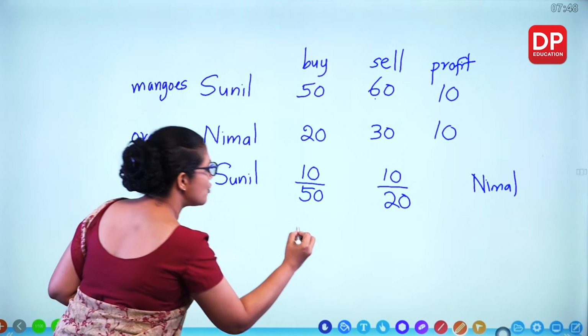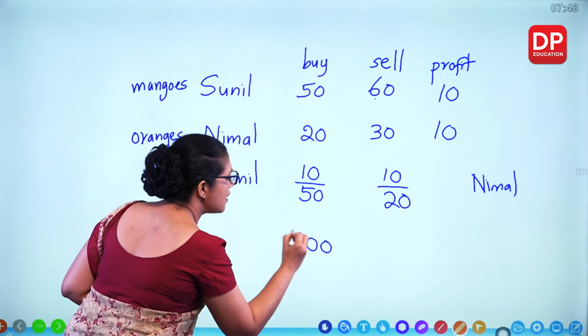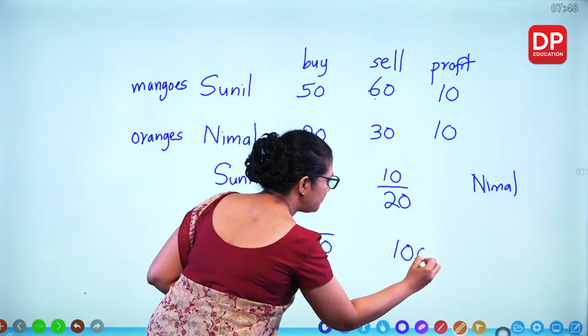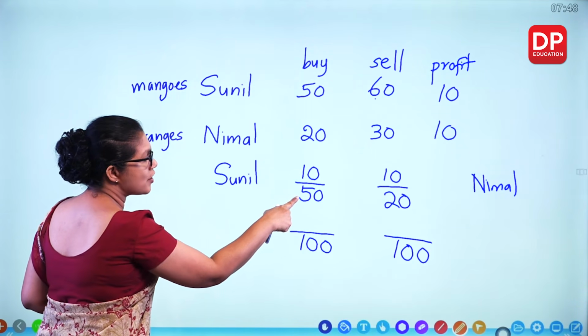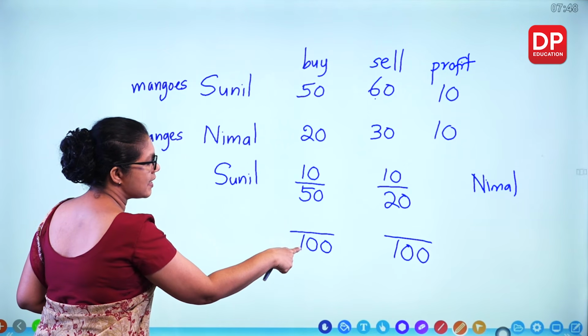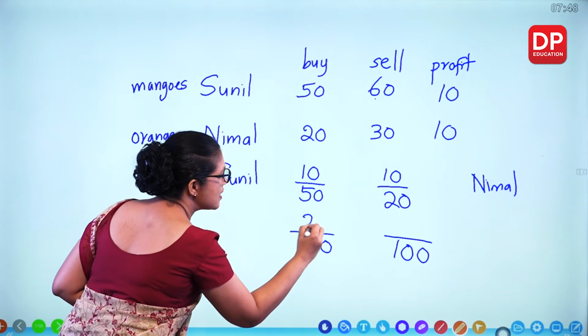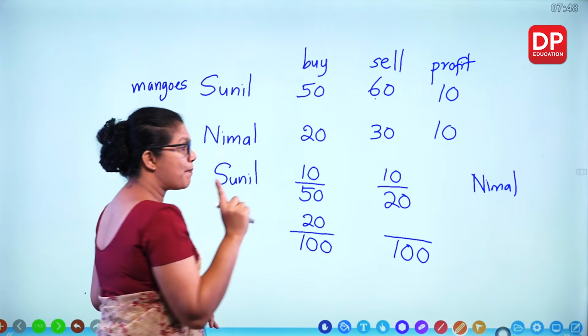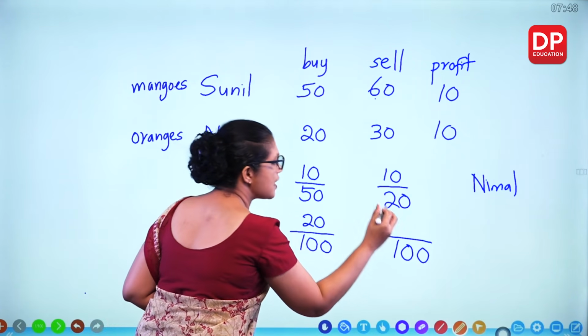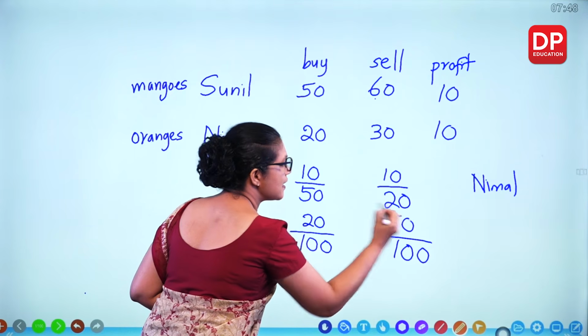That's 100. So we'll convert to 100. Multiply by 2 to get equivalent fractions. Multiply by 2 to get 100 here. Here you have to multiply by 5. So 5 times 10, 50.